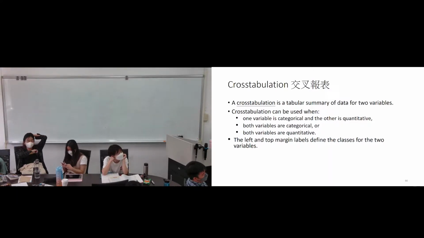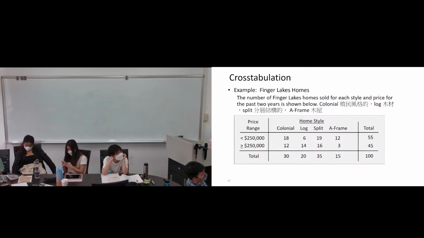This table is a tabular summary of data for two variables, when one is categorical and the other is numerical, or when both are categorical, or when both are quantitative. The left and top margin labels define the classes for the two variables. For example, we are interested in the Finger Lakes homes.